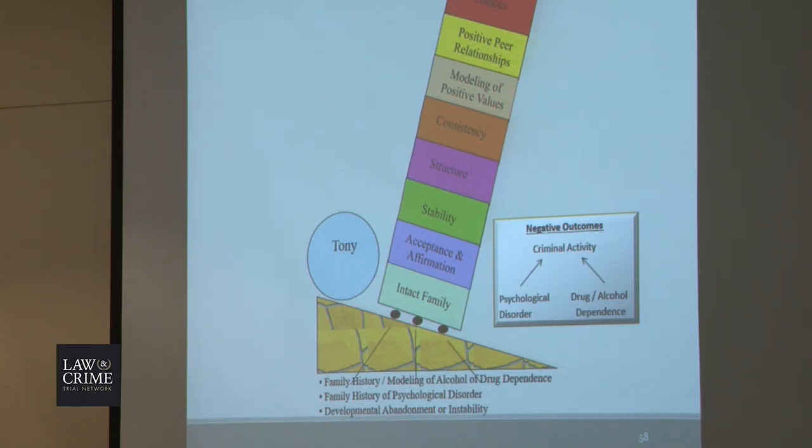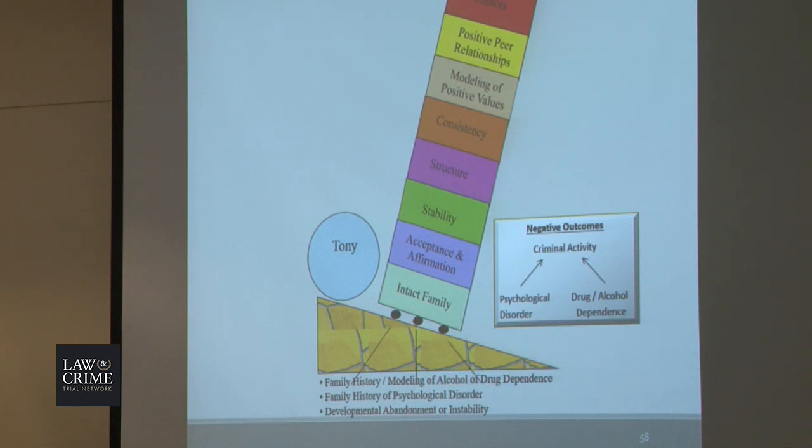He's in a household that normalizes drug and alcohol abuse. It's as if we have put him on a downhill skid towards problems. It's not to say it's unavoidable, but the cards are kind of stacked against him right now, and the trajectory is to negative problems.